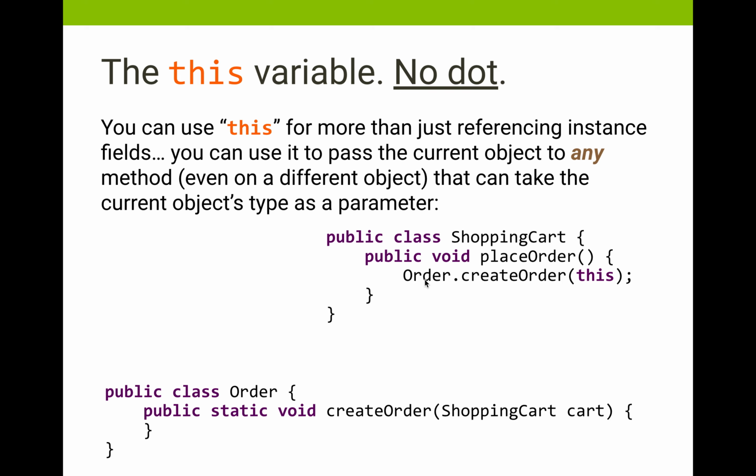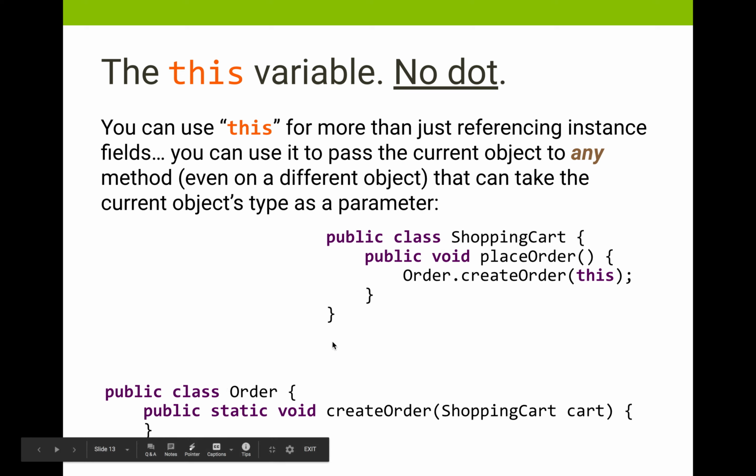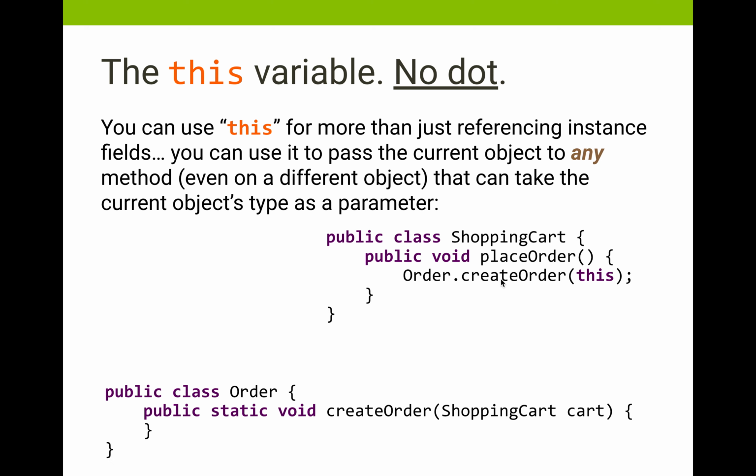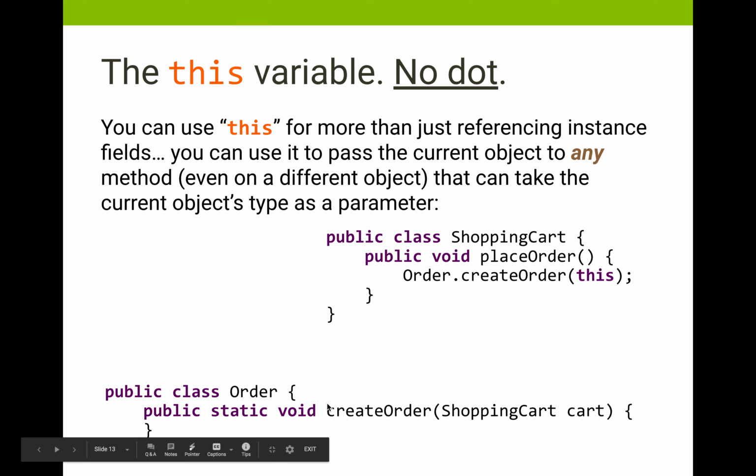What I can do is go to the order class, right down here, that has a static method. That's why I'm able to go Order dot, the static method, and call the method createOrder on the order class. Order, static, createOrder. All right, so far so good.